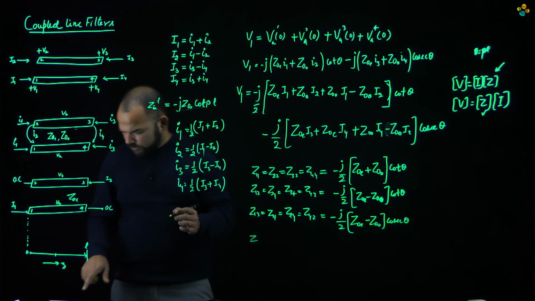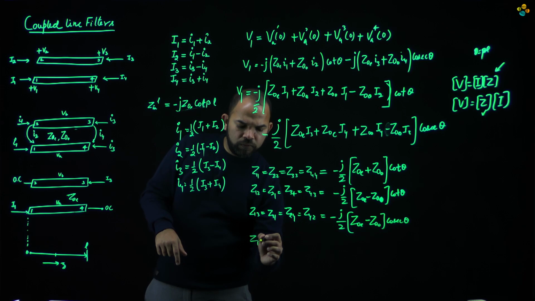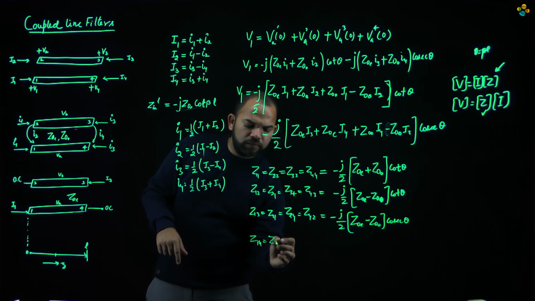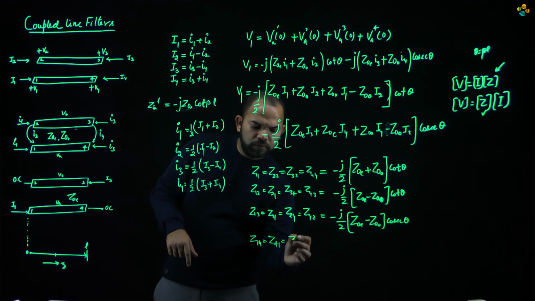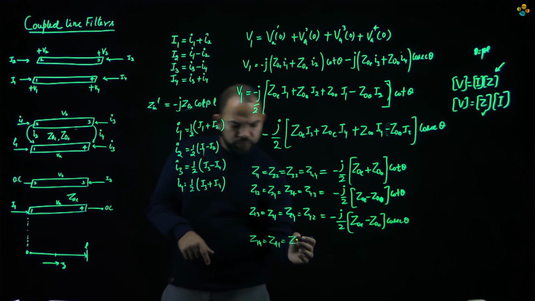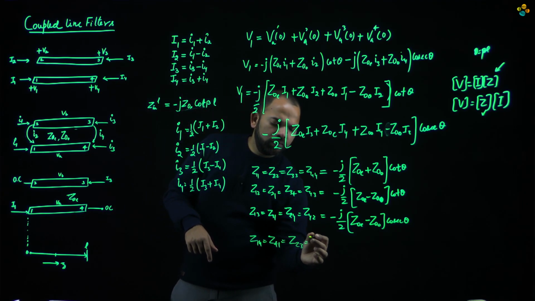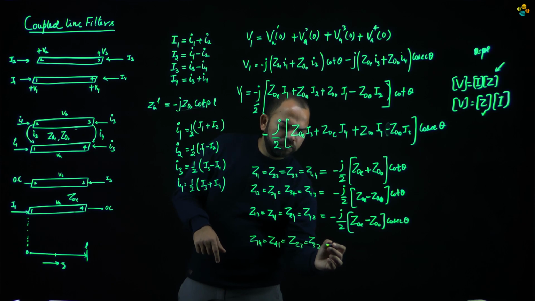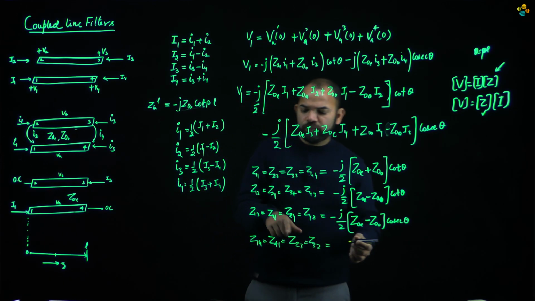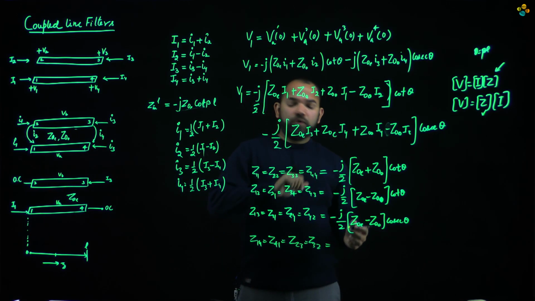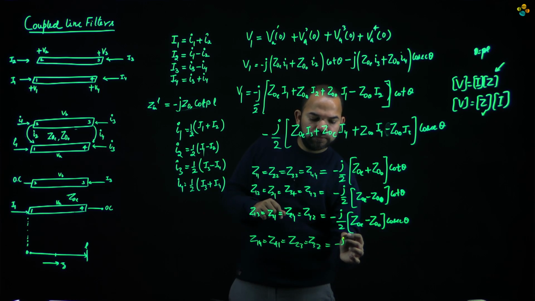which is Z14 equals Z41 equals Z23, Z32. How can we calculate this? So 1 with 4, so minus j/2.